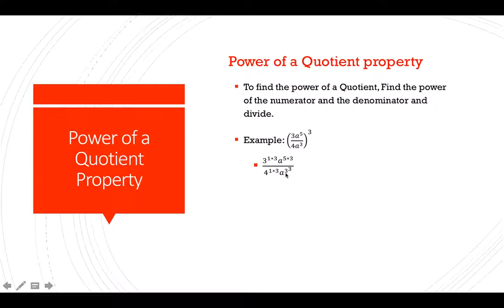Oops, I made a mistake there. That's supposed to read as a to the 3rd times 3. So this 3 on here would be brought down into the 4, as well as the a to the 3rd in this expression. And when we simplify that, we'd have 3 to the 3rd times a to the 15th over 4 to the 3rd times a to the 9th.